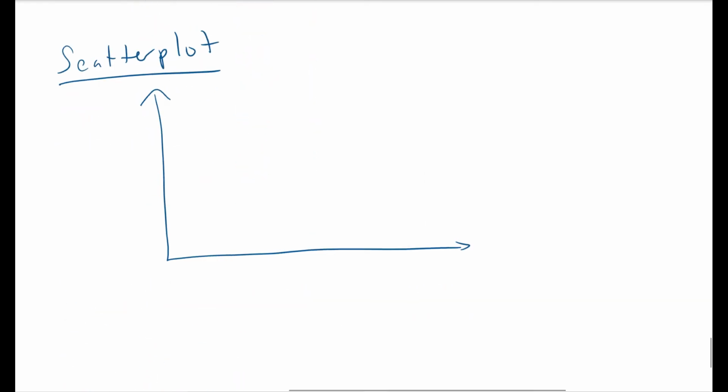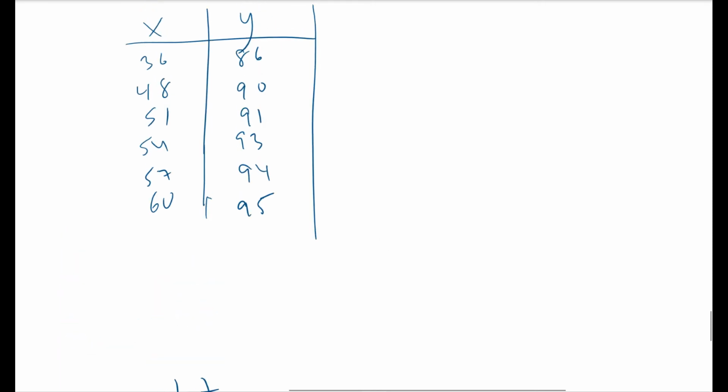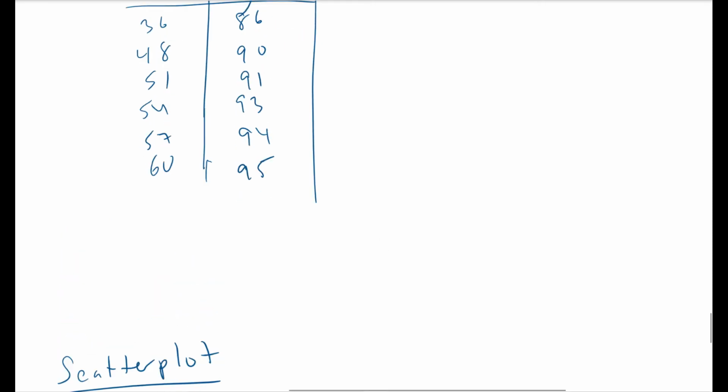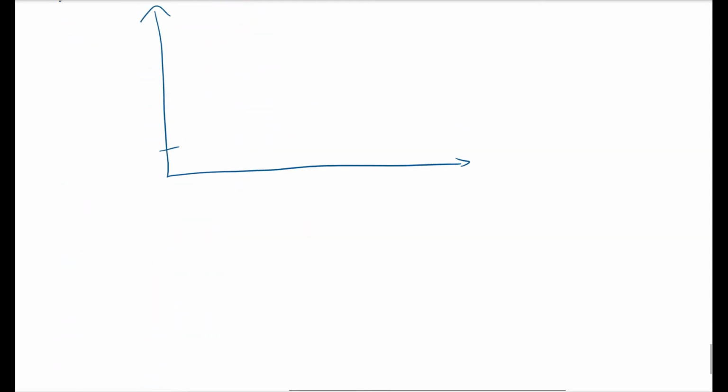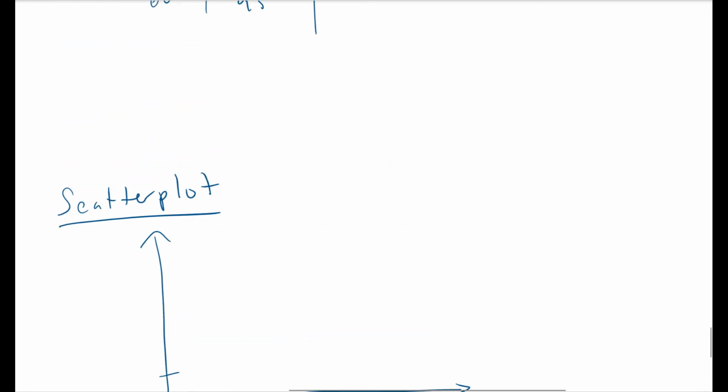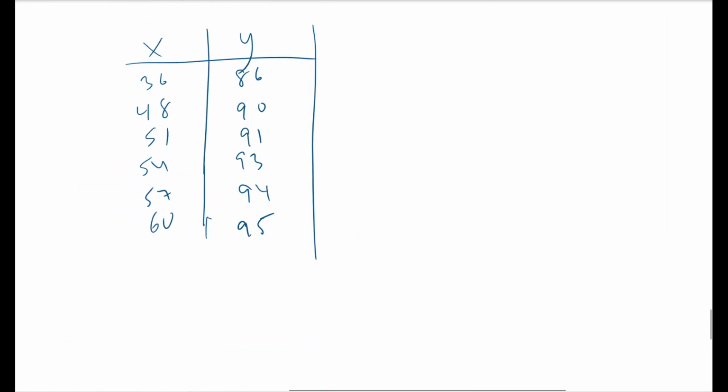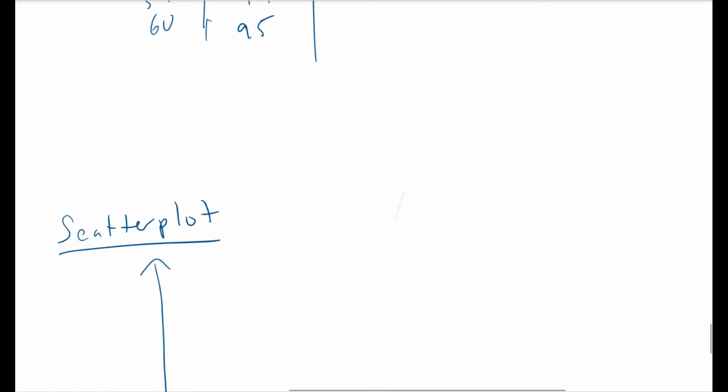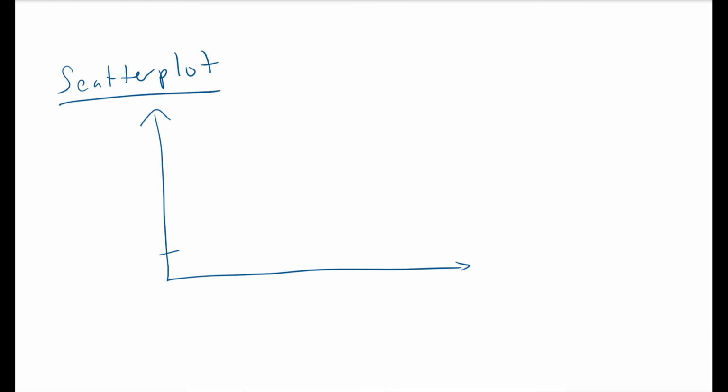If you want, you can break the graph and start there. Let's go from 80 to 100. We can go by 5s, but I don't want to go too high, so 80 to 100, we'll go by 2s.